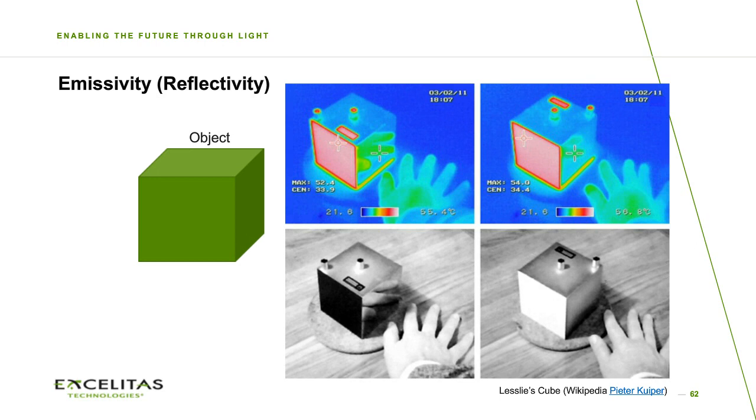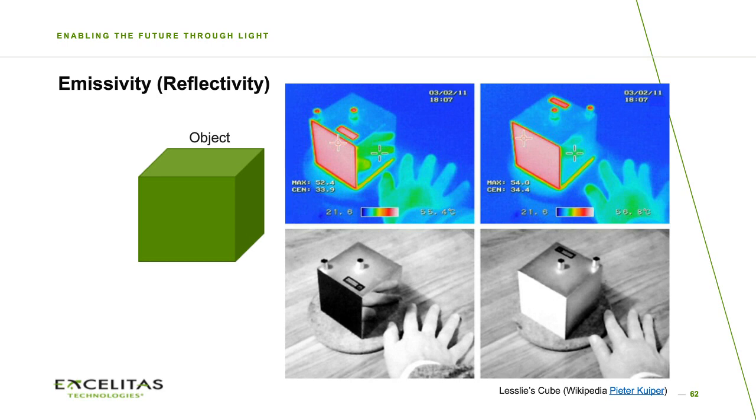Then you can have a look into the infrared spectrum, and you will notice, on the one hand, that what you can see with your bare eye, a black paint or a white paint, does not mean that it is a black or white body in the infrared spectrum, because both surfaces give you the correct temperature reading. So what appears colorful to your eye does not mean that it is the same in the infrared spectrum.